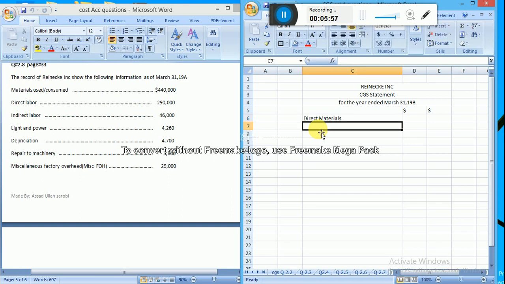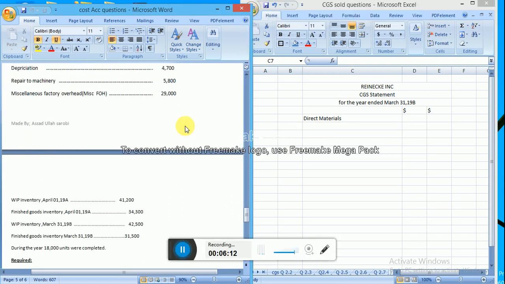First we will check whether we have direct material from the previous year or not. If we look at the question, no beginning and no ending material are given. Neither beginning material nor ending material is given.